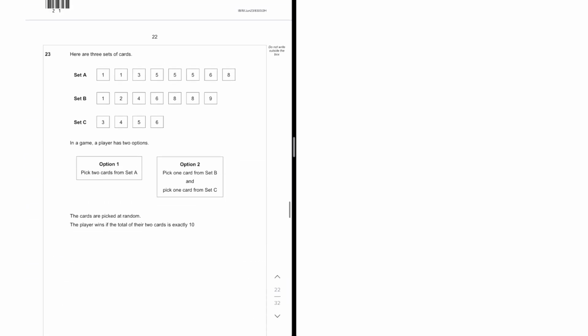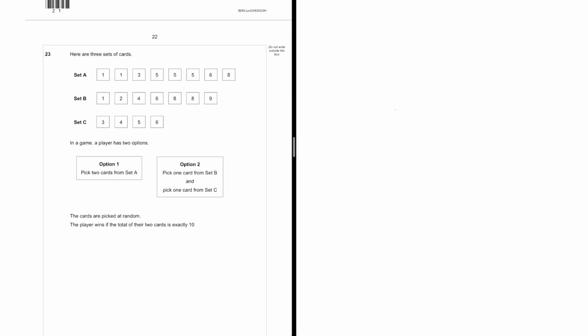So what we need to do here is see how many ways we can win using the option 1 approach and how many ways we can win using the option 2 approach. So how many ways can we get a 10 using just set A? And again, I'll write this on the right hand side. Well, I'm looking at it and I think actually you'd have to draw 2 5s.